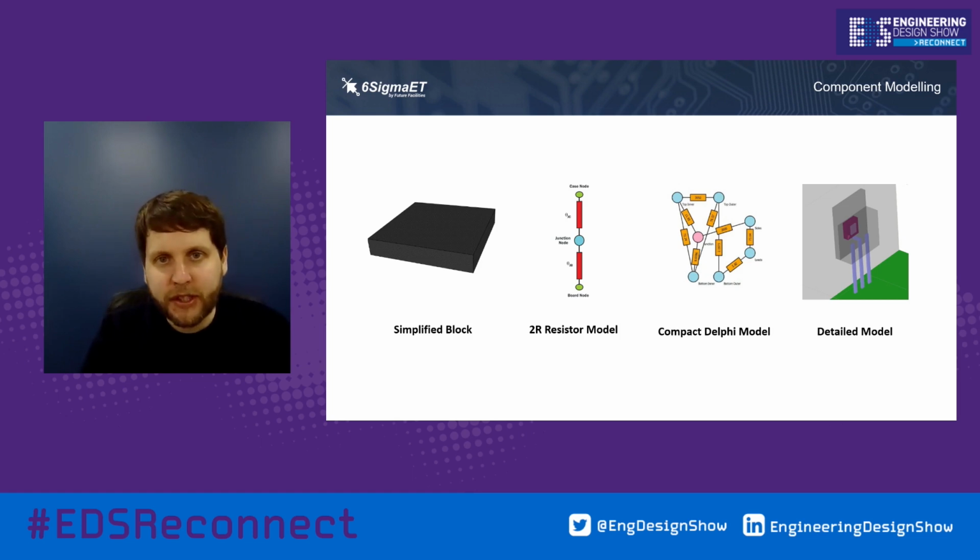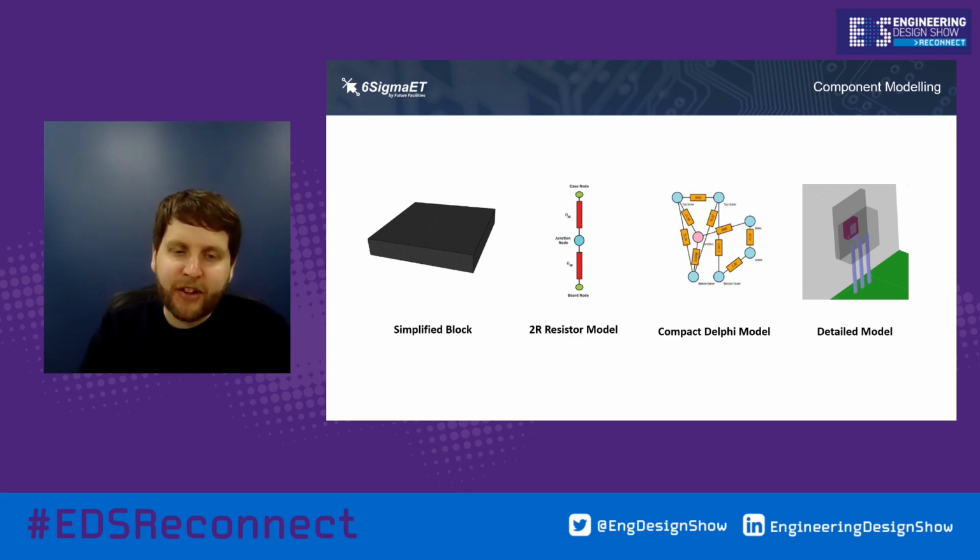And it's really important that you get a good representation of the component and their thermal properties. And it's important to work with component manufacturers to get the most accurate thermal model you can get of the device you're using.